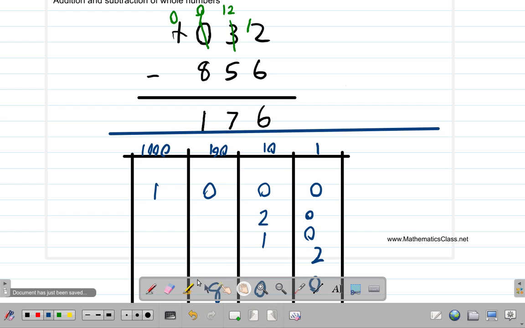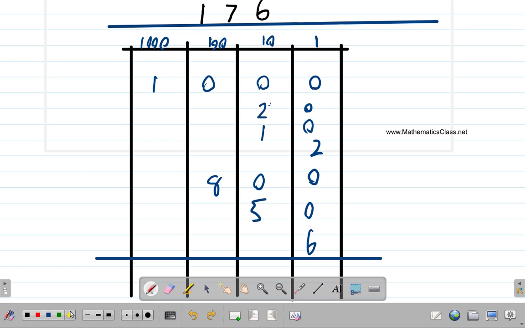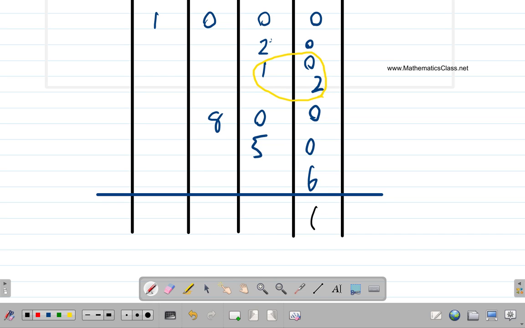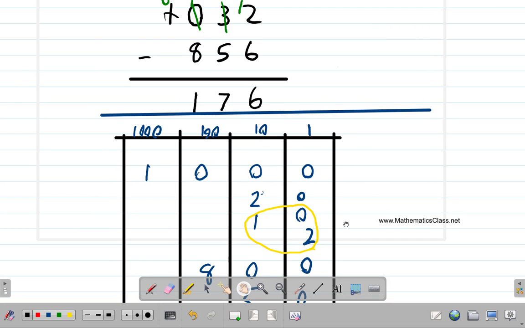This 2, after we borrowed 1 from 3, this 2 is this. You see? Then 12. This 12, it comes from here. The 10 plus 2 is 12. So you see 12 minus 6. 6 from 12 is 6. So you put the 6 down here. That's what happened here. You see that.